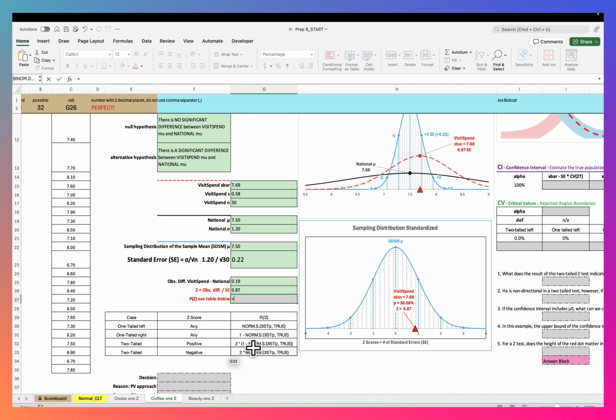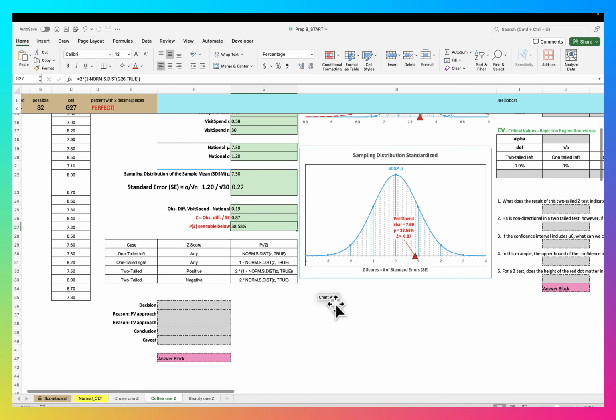It ends up being 2 times 1 minus NORM.S.DIST of that z, comma, TRUE. So probability is 38% that we would find this value. That's pretty high. That almost for sure means we're going to fail to reject.